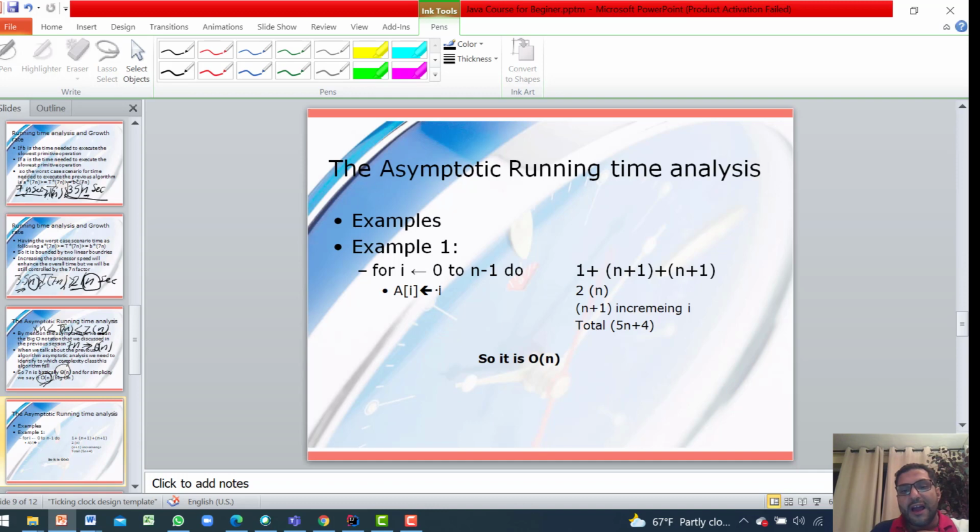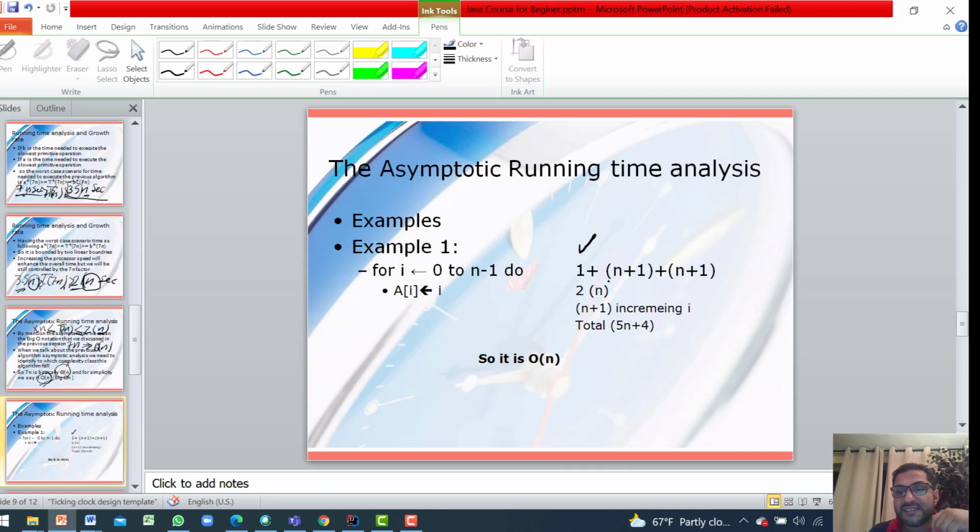First of all, I have the assignment operation, which is i equals 0. This is 1 here. And then how many times am I gonna do the comparison? Basically, I'm comparing n times, because I start from 0 to n minus 1. This is n times plus the one more comparison that gets me out of the loop. So basically, I have n plus 1 comparisons.